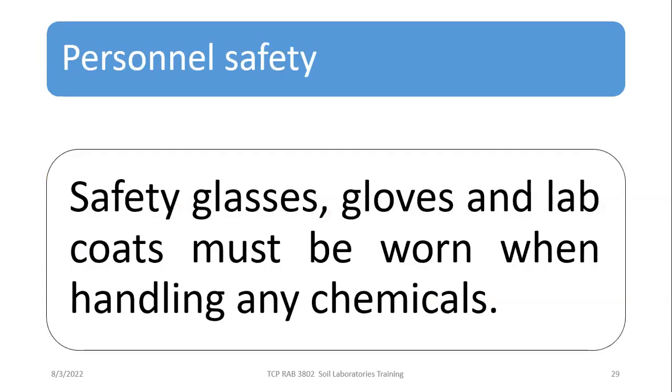Personal safety: as a commenter noted on the video, the instructor in this video doesn't adopt any personal safety measures. She doesn't wear safety glasses, gloves, or a lab coat. So when you are carrying out this process, you have to have this personal protective equipment.